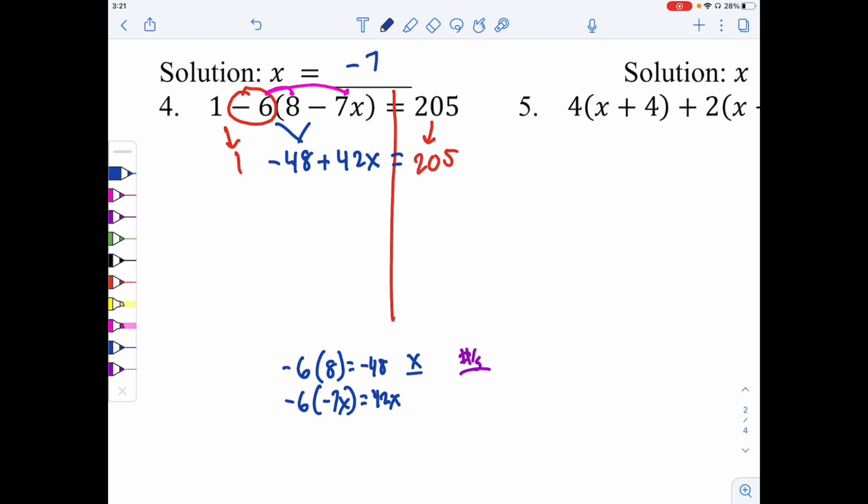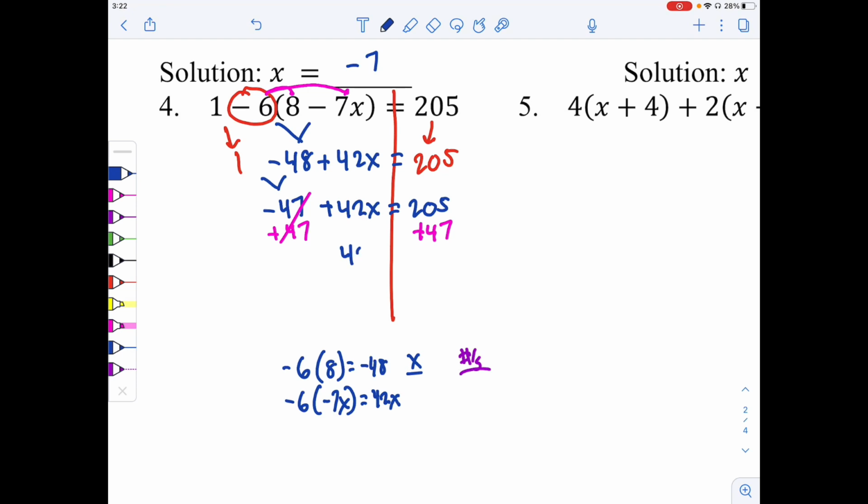Equals. Right, now we combine like terms. We can see these are going to combine. Right, so 1 minus 48, negative 47. And we still have that plus 42x equals 205. Okay, now we got to get rid of our friends. Same thing, get rid of them, you add 47 to both sides.